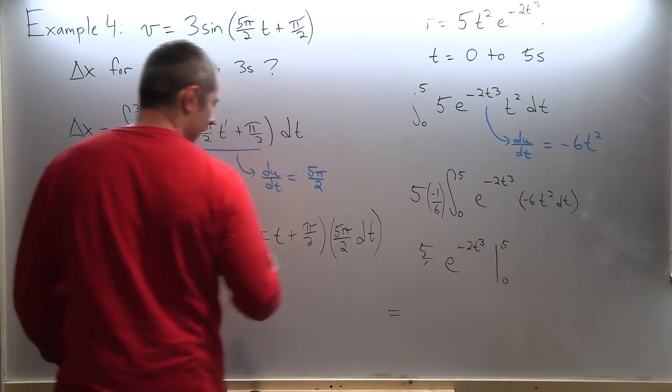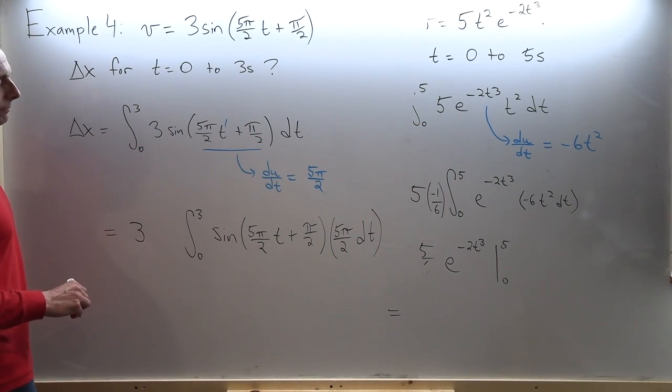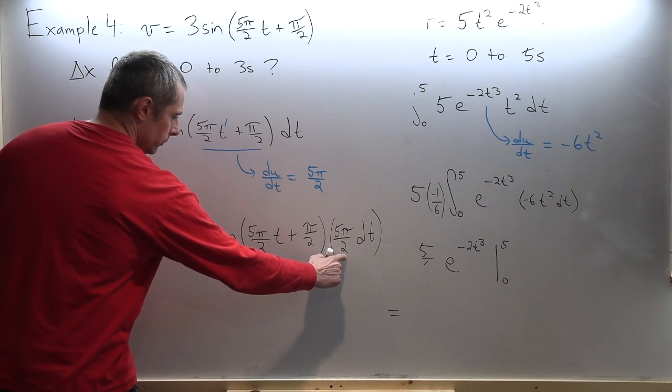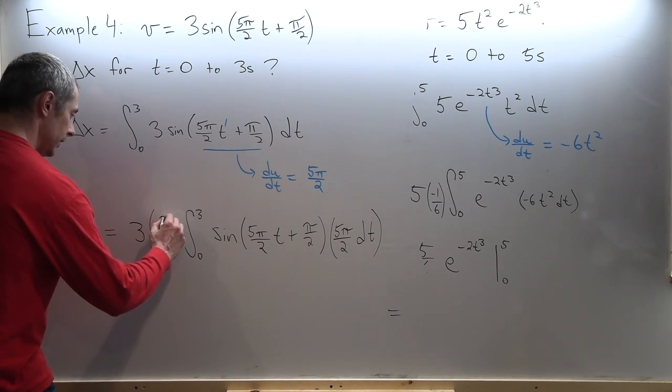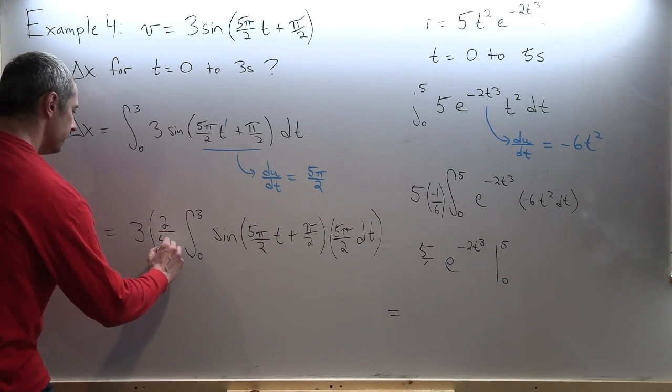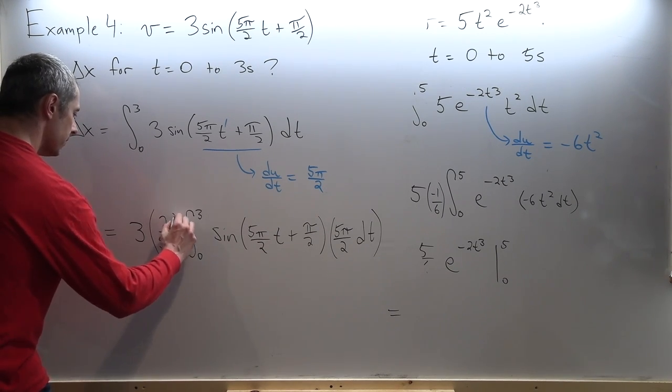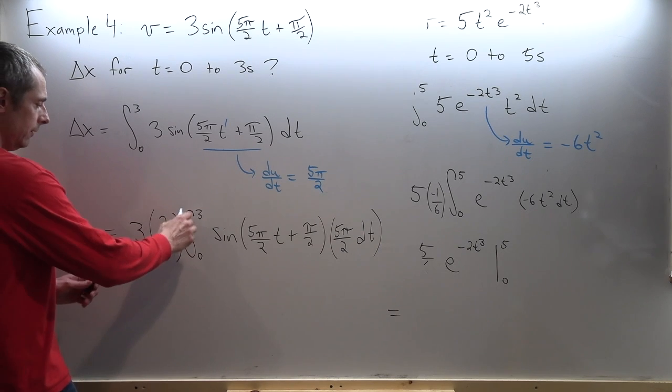So I add that extra 5 pi over 2. In order to not change the value of the function, I've got to add over here a 2 over 5 pi. Right? And then this crosses out.